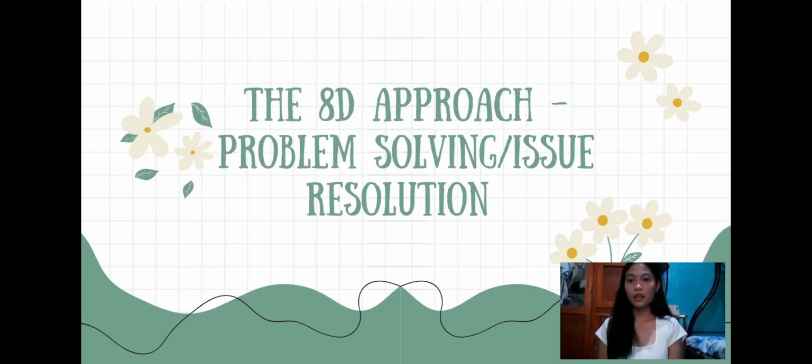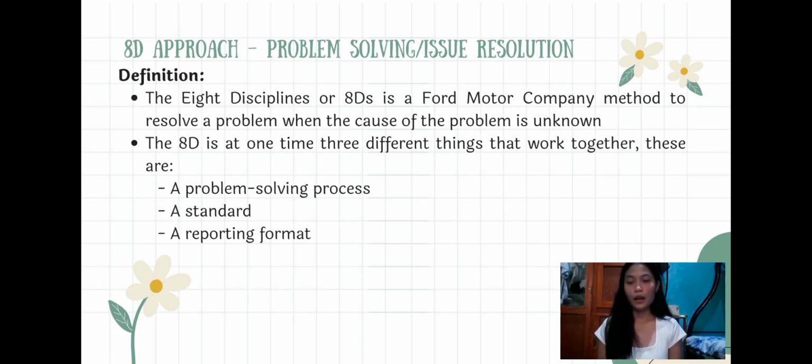The 8D approach to problem solving and issue resolution. The 8 disciplines, or 8Ds, is a Ford Motor Company method to resolve a problem when the cause of the problem is unknown. The 8D is at one time 3 different things that work together. These are a problem-solving process: it's a step-by-step way to find and fix a problem.